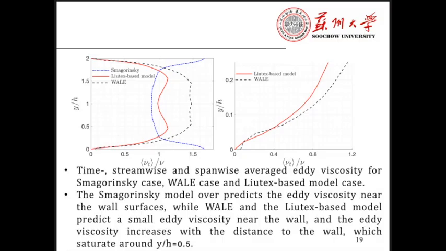The time, streamwise and spanwise averaged eddy viscosity for the subgrid model, the WALE model and the vortex-based model are given here. We can see that the subgrid model over-predicts the eddy viscosity near the wall surfaces, while WALE and the vortex-based model predict a small eddy viscosity near the wall, and the eddy viscosity increases with the distance to the wall, saturating around y over h equals 0.5.